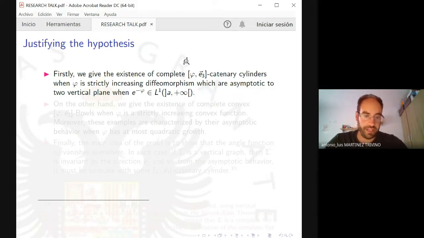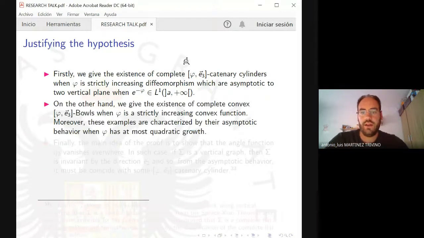We see this property in section number 2 of this talk. On the other hand, we give the existence of complete convex phi3 balls when phi is strictly increasing convex, and moreover, we study the asymptotic behavior of this example when phi has at most quadratic growth.